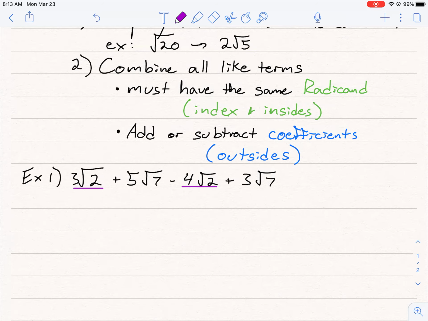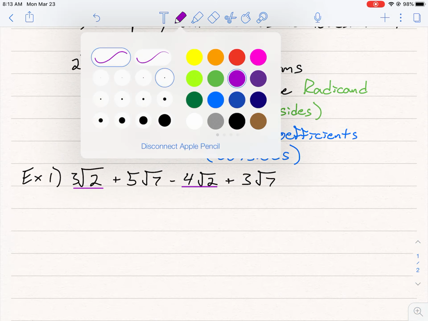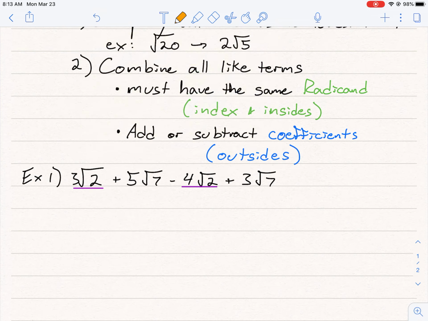This one here also has a square root of 2, so that means those are like terms. Vice versa, here we have square root of 7, and here we also have a square root of 7. So those are also like terms as well.